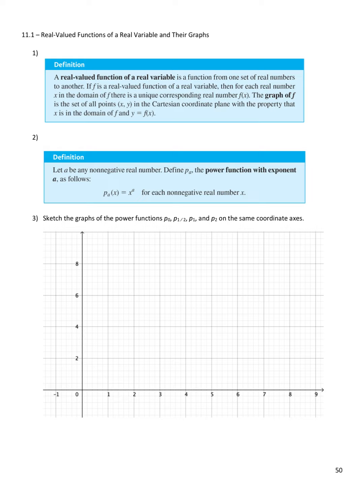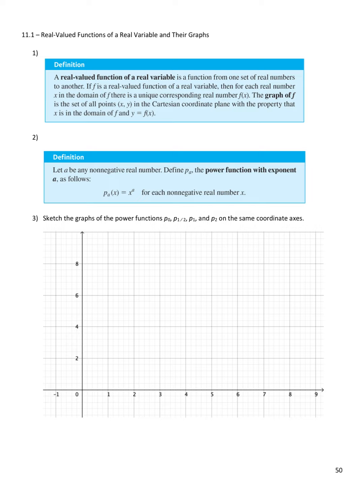So we're going to start with a simple formula called a power function. Let a be any non-negative real number, and we're going to define p sub a to be the power function with exponent a. So p sub a of x is just x to the a for each non-negative real number x.